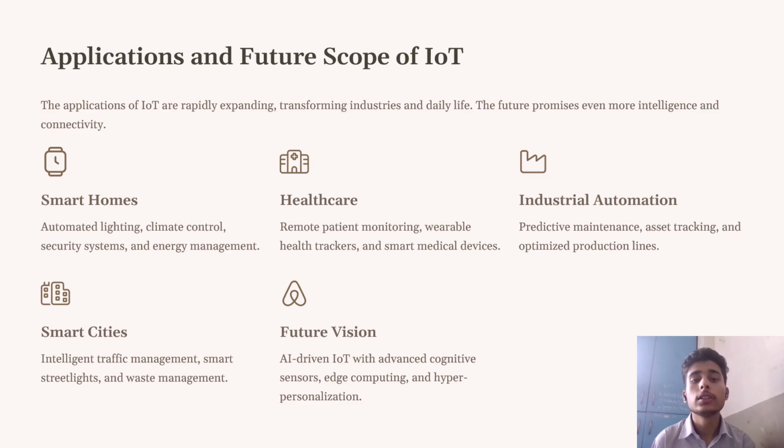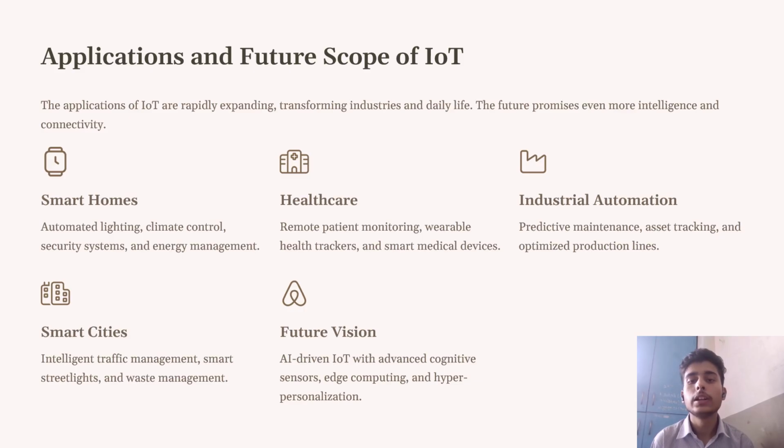So here are some applications and future scope of IoT. First application is smart homes, which includes automated lighting, security controls, and energy management. Second one is healthcare. In this, remote monitoring of patients and wearable healthcare devices like smartwatches come into play.